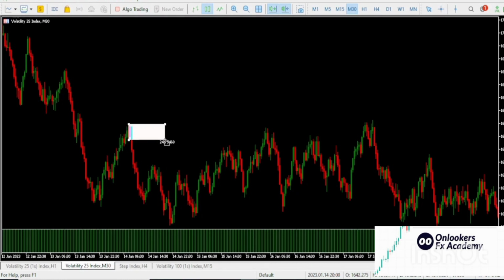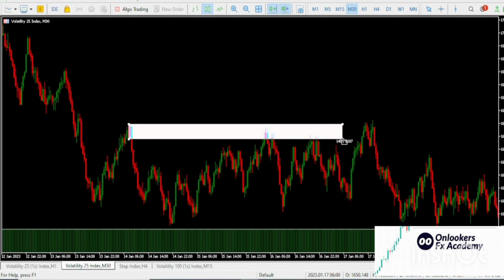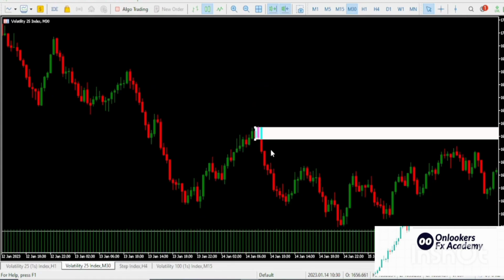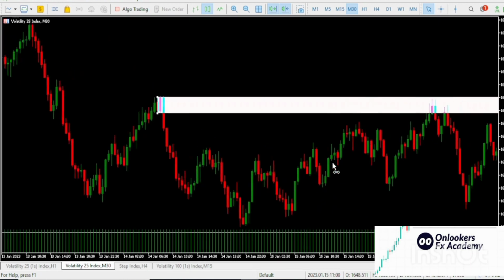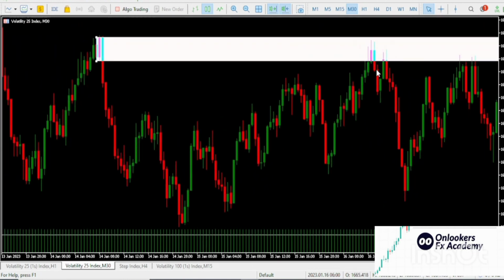Now this one, let's say price hasn't gotten to this place from here down, and we notice this movement, then we mark it. Now price came to our order block, then it dropped.